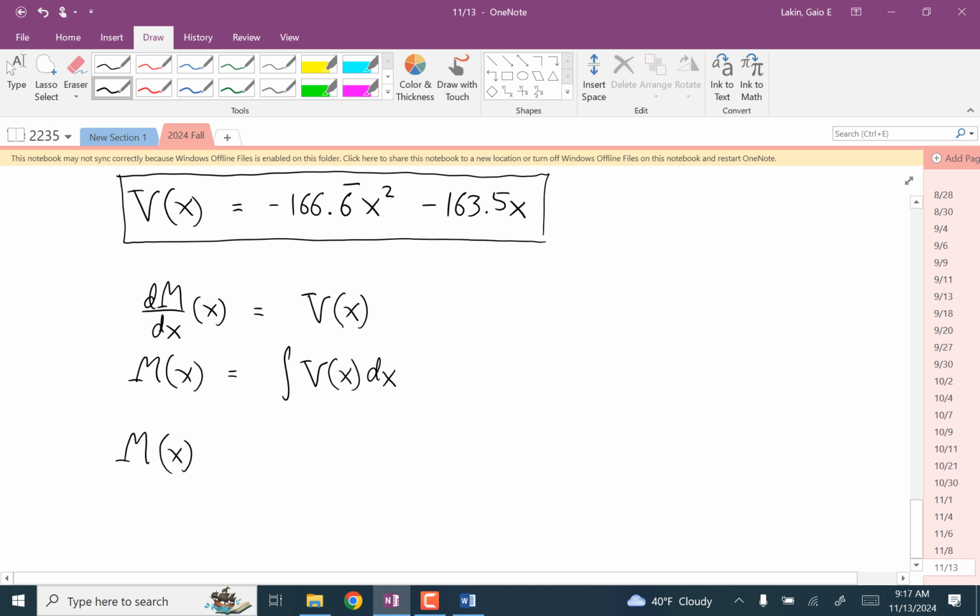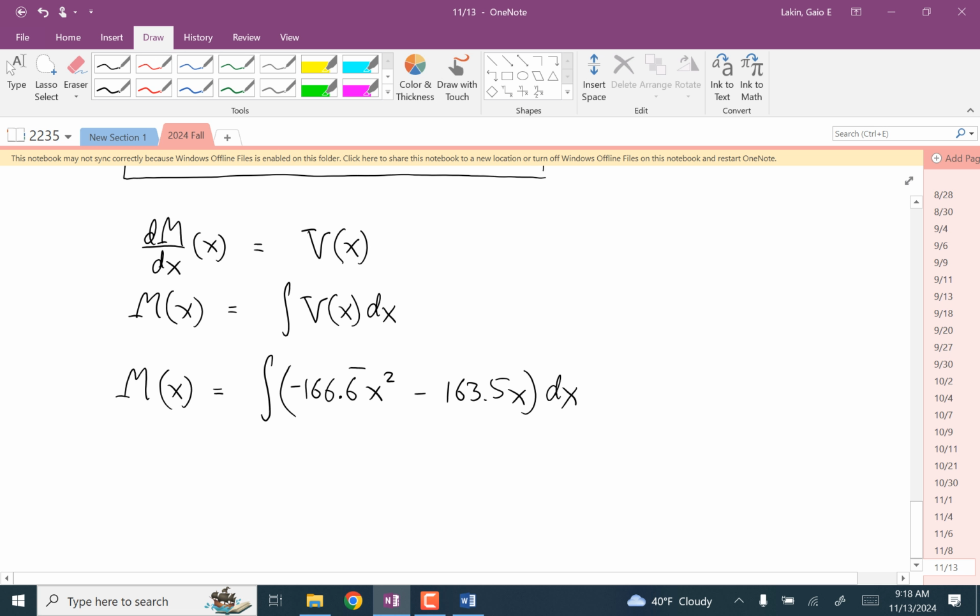So M of x is equal to the integral of negative 166.6 repeating x squared minus 163.5x dx.